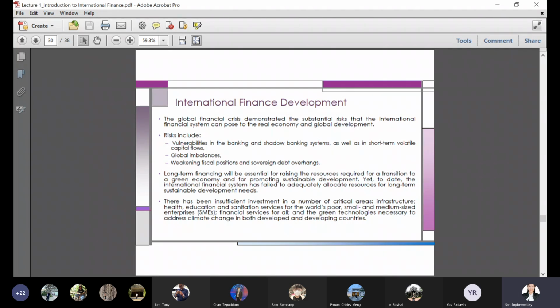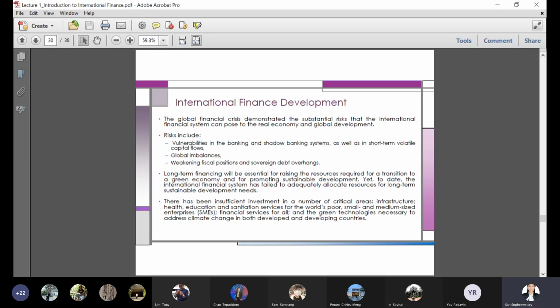So in both developed and developing countries, they still don't have sufficient investment for their countries' development.